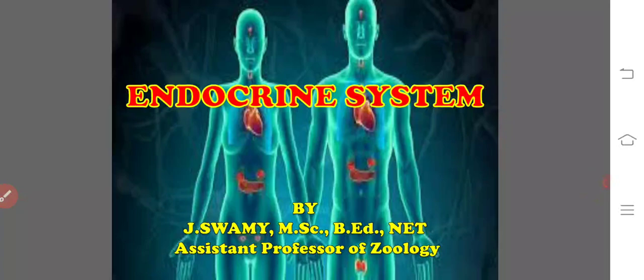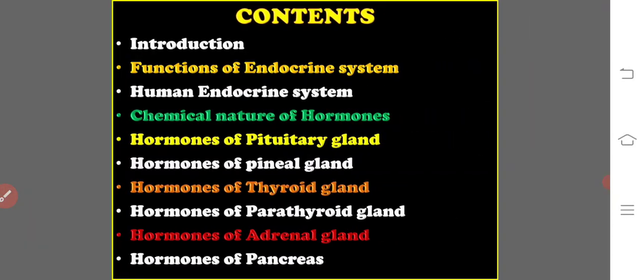In this class, we are going to discuss the endocrine system. Under this topic, we will discuss introduction to endocrine system, functions of the endocrine system, and a brief introduction to human endocrine system, chemical nature of the different kinds of hormones, and a brief view of the hormones of pituitary gland, pineal gland, thyroid gland, parathyroid gland, adrenal gland, and the pancreas.